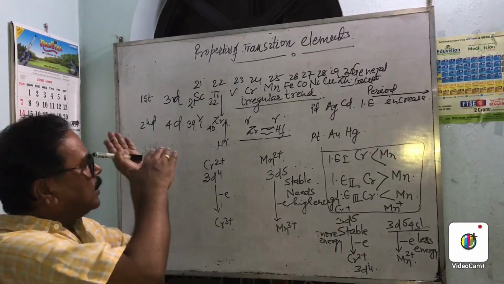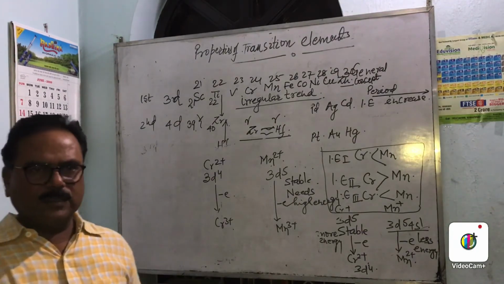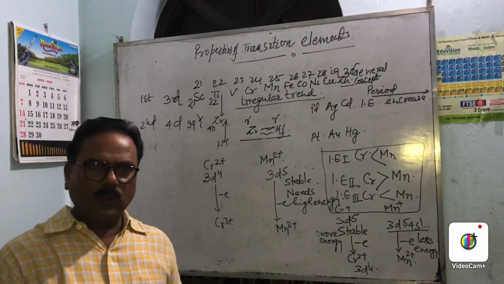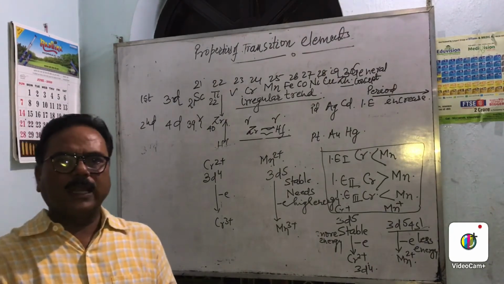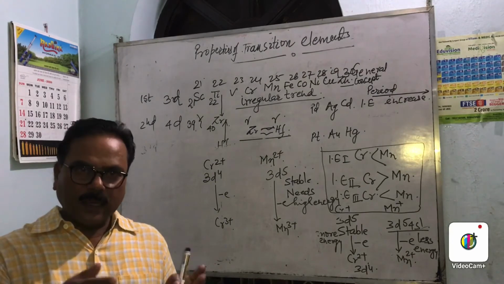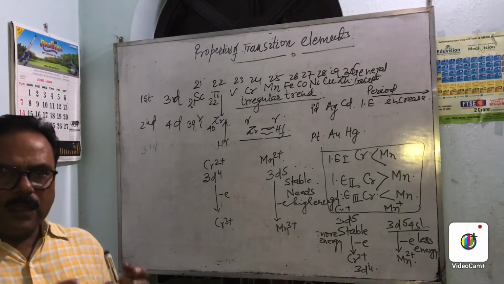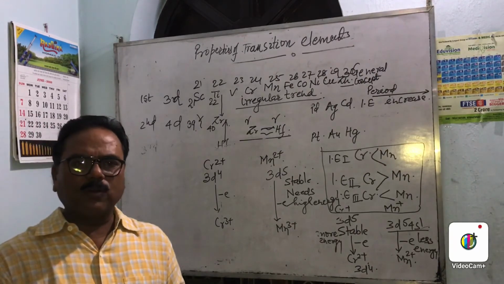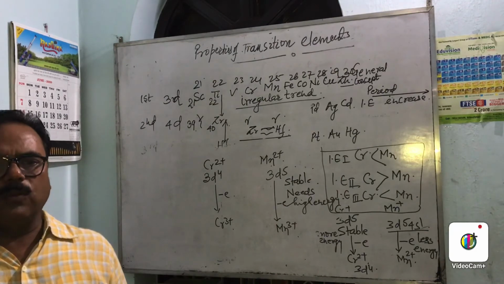Now, the trend of ionization energy in the first transition series is not very regular, because the removal of the electron from the n-1 d and ns subshells alters the energy of the orbital. That's why its trend is not very regular.